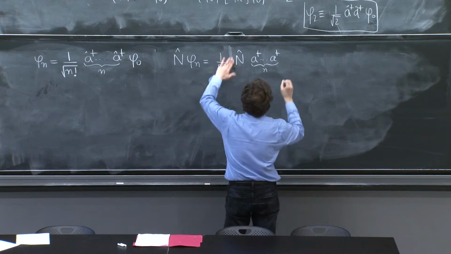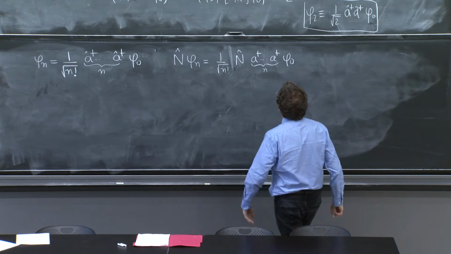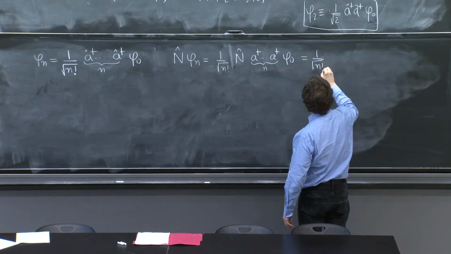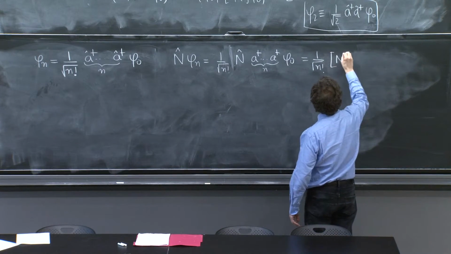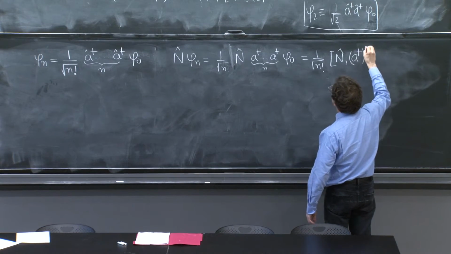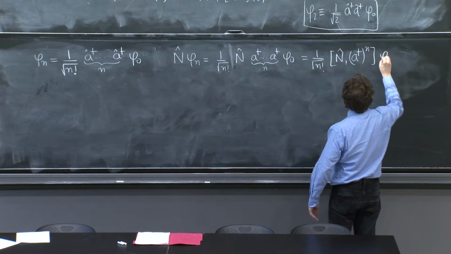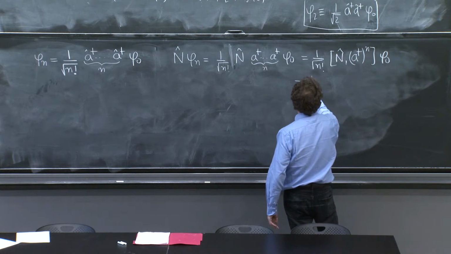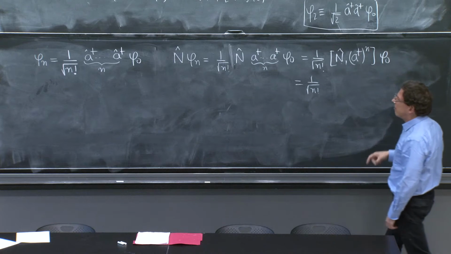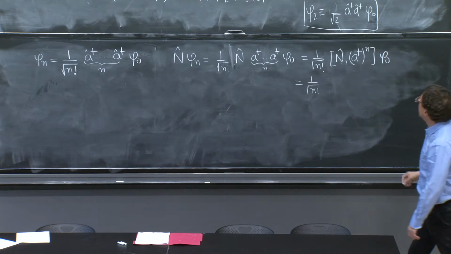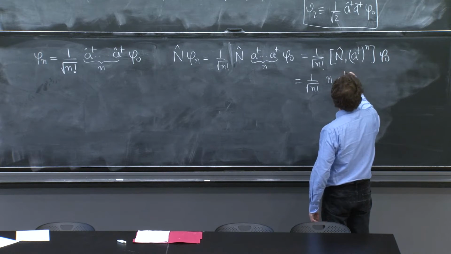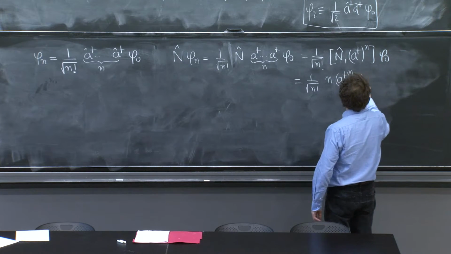on phi 0. You can replace by the commutator. We've done this 2 times already. So it's the commutator of N with A dagger to the little n, phi naught, with 1 over square root of n factorial. And how much is this commutator? Over there, this is n times A dagger to the n, phi naught.